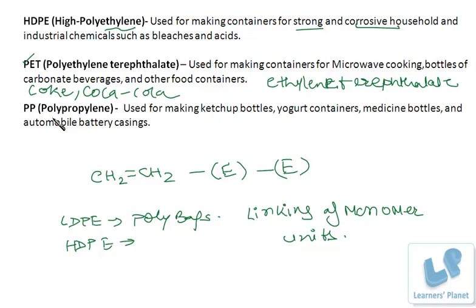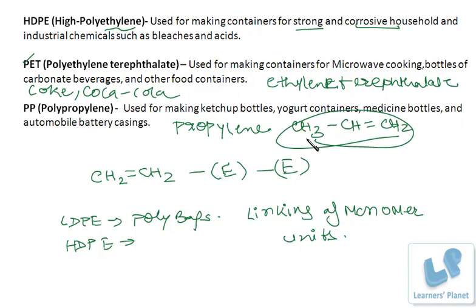Another example is PP, that is polypropylene. Here the monomer unit is propylene. Right? I'm writing the formula, but this is not in your syllabus, so don't worry about it. These are the monomer units. They link and they form PP, that is polypropylene.